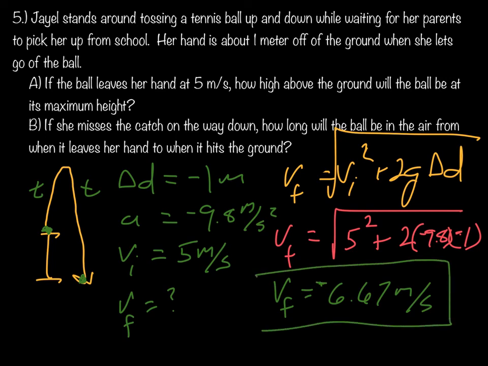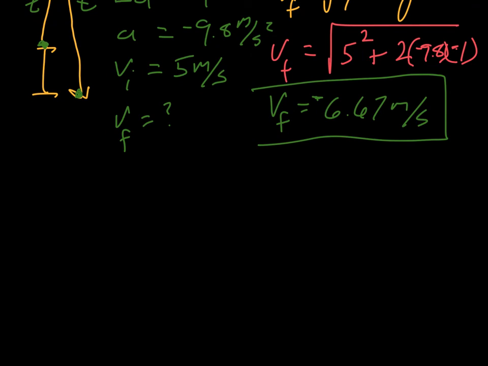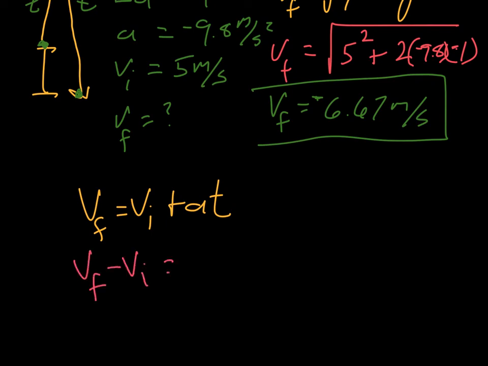Now the question wants to know how long it takes. So now that we know our final velocity, we can go to this equation, VF equals VI plus AT, and solve for t. So we subtract VI and we get VF minus VI equals AT, and then we divide both sides by A, and that gives us our t.